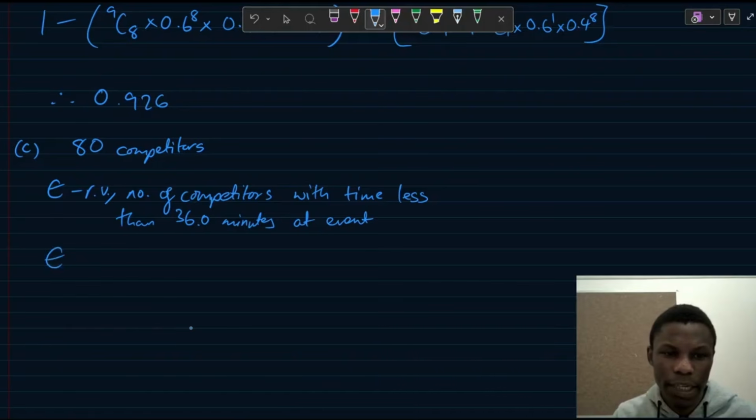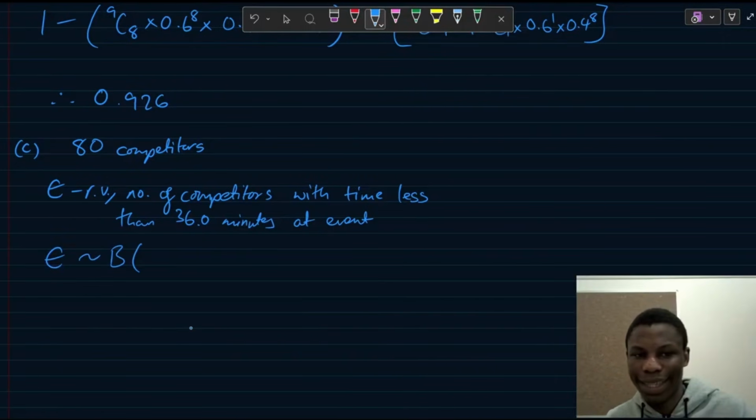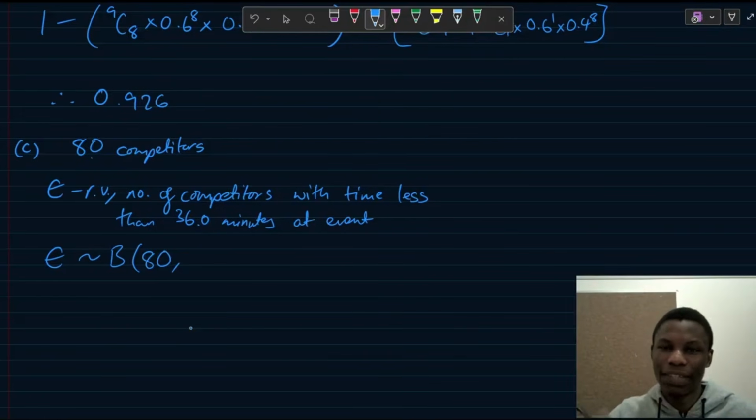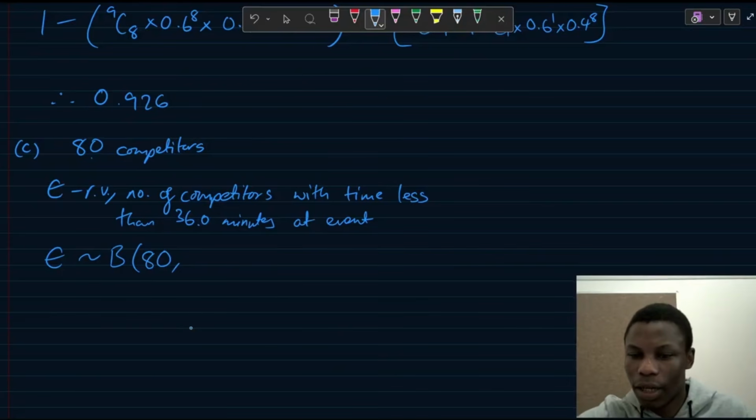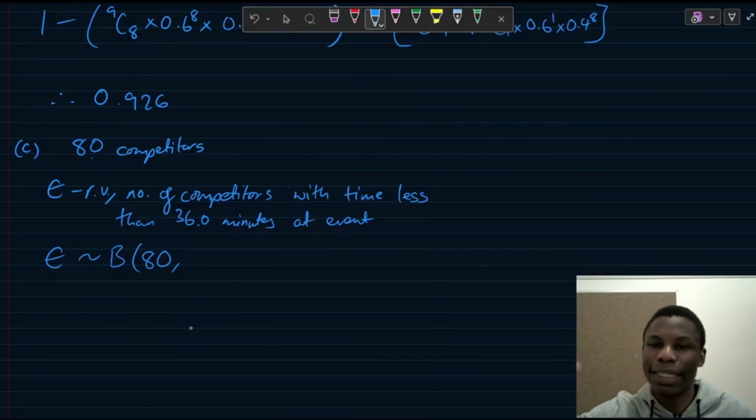We're going to say E follows a binomial distribution with n being 80 and probability of success from earlier. We were told that 60% of the competitors had times less than 36.0 minutes, so that's 0.6.